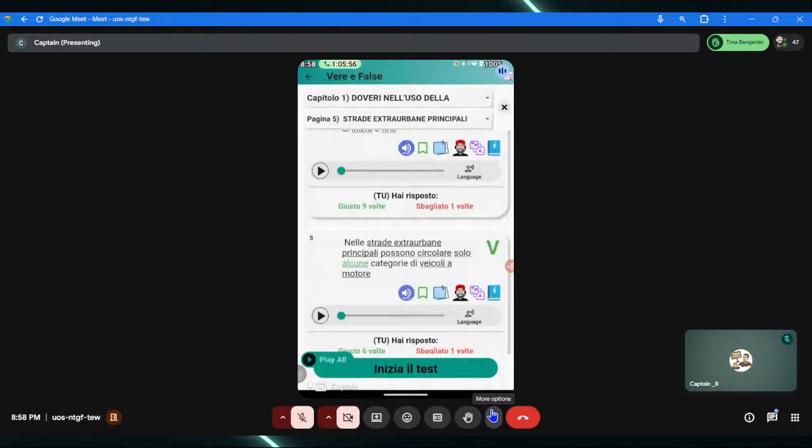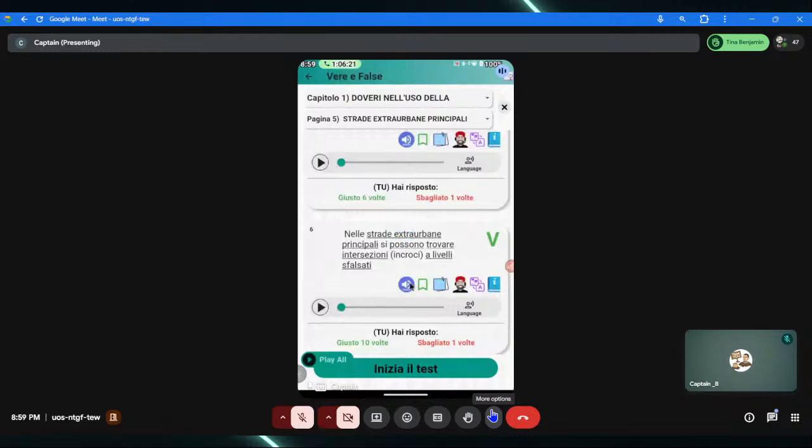So how can they drive where the speed limit is 110? They can't even get there. That is why I said it's only some category of vehicles that can circulate there, not all vehicles, some categories, which is alcune categorie di veicoli a motore.